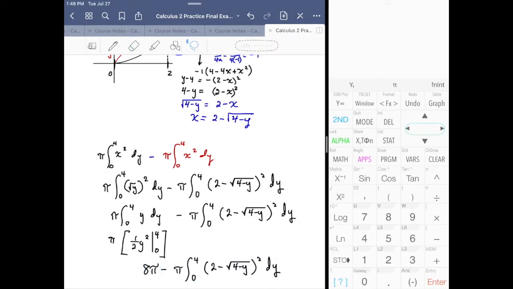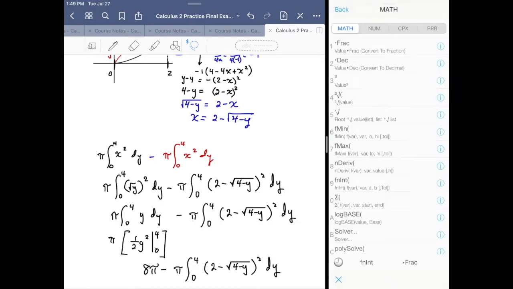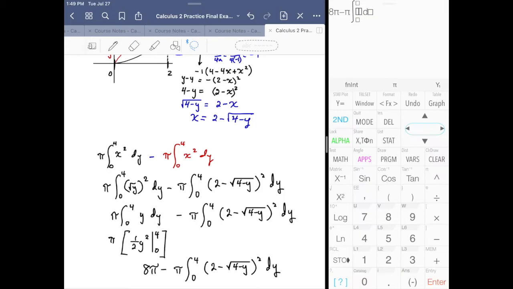But now I'm just going to type in 8 pi minus pi, math 9, parens 2 minus the square root of 4 minus, you use whatever you want, I'm going to use x. Close it up, square it, x over the interval of 0 to 4.